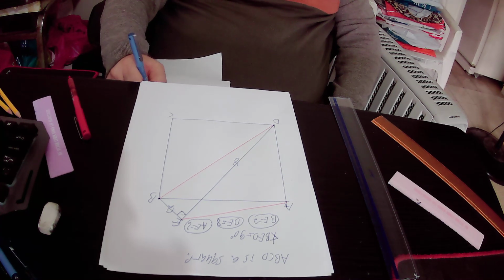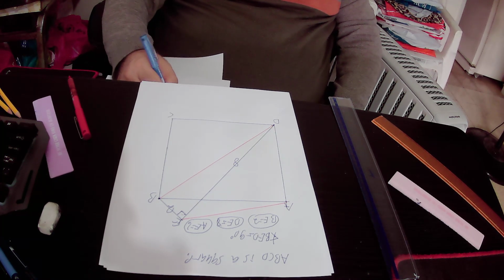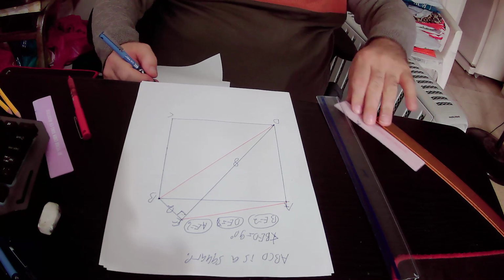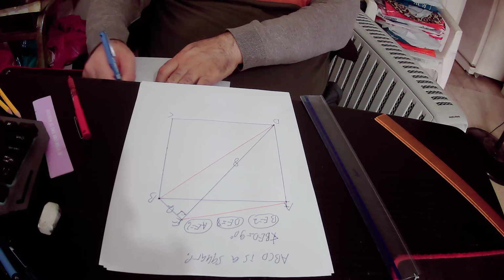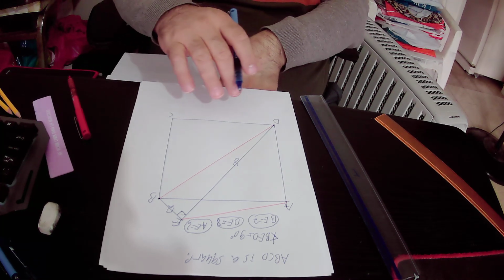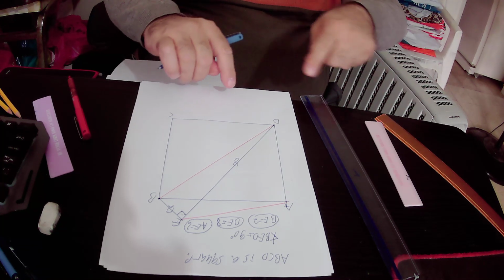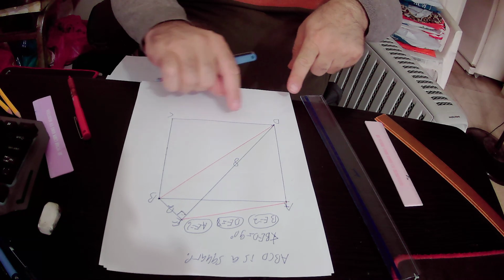And according to the Pythagoras theorem, in any right triangle, the square of the hypotenuse equals the sum of the squares of the perpendiculars. In the right triangle EBD, the hypotenuse is the red side BD.